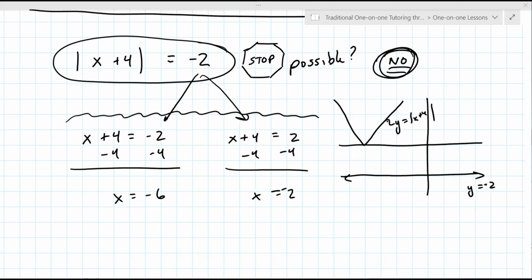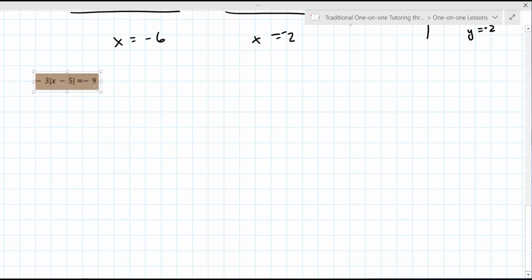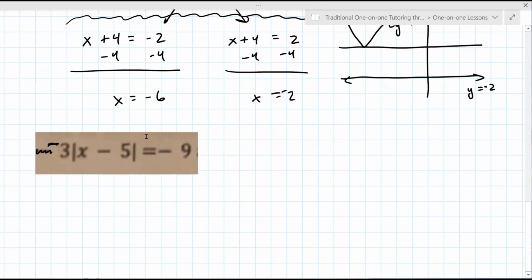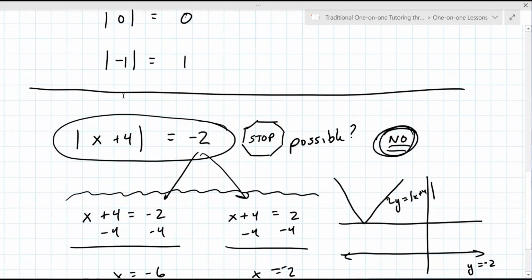So let's look at question 2, which has kind of what I'm asking you to do here. This negative really goes with this. It's really -3 here. In full disclosure, in the previous problems, it was already solved for the absolute value on one side of the equation.